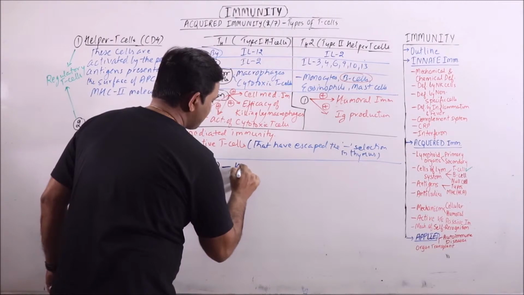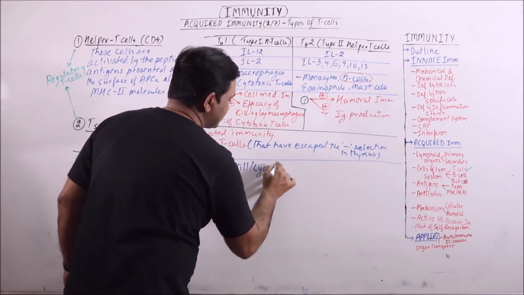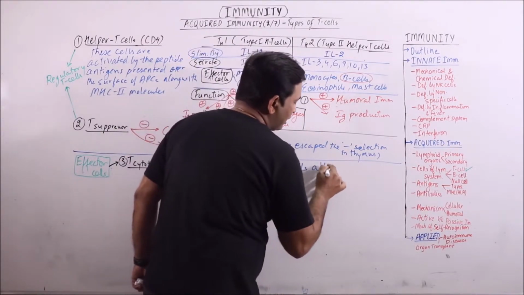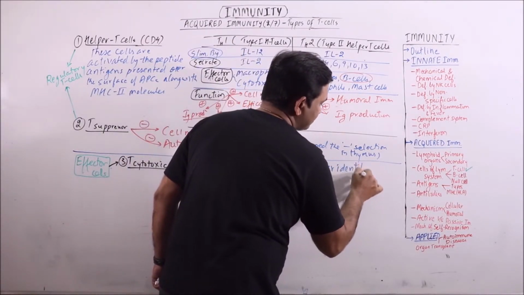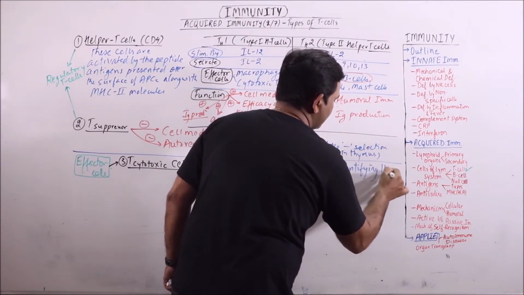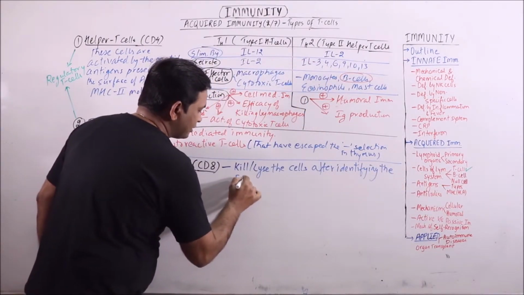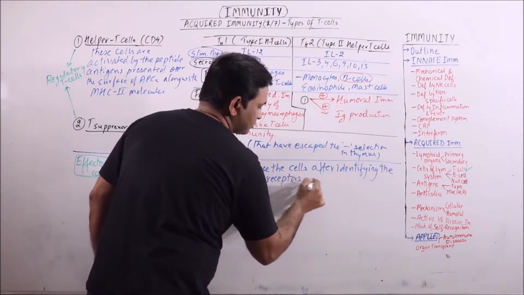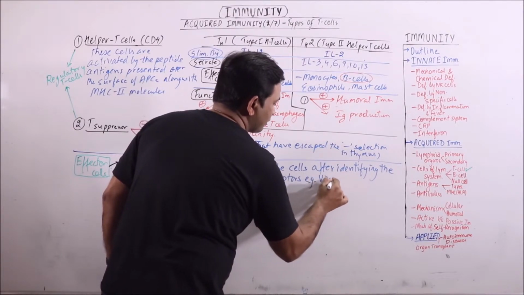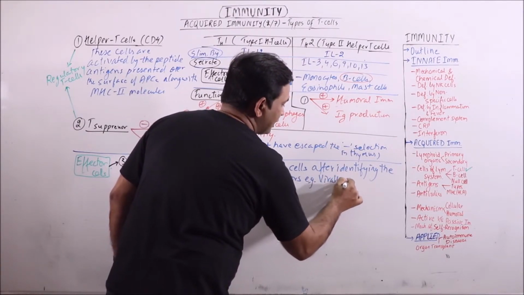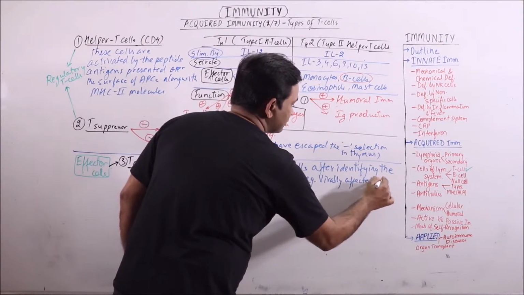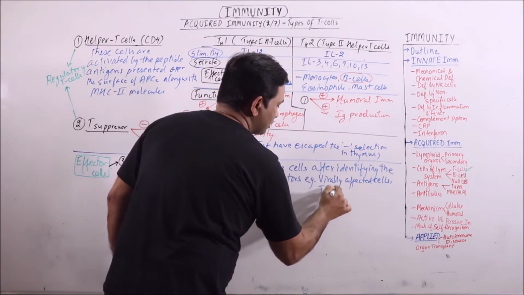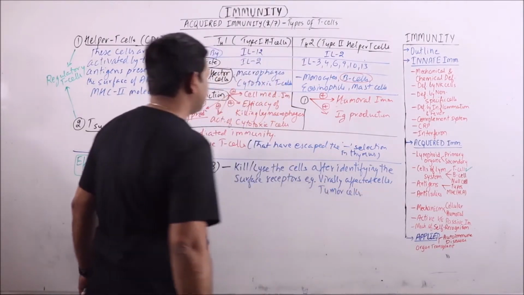These kill or lyse the cells after identifying the surface receptors, for example virus or virally affected cells, or the tumor cells.